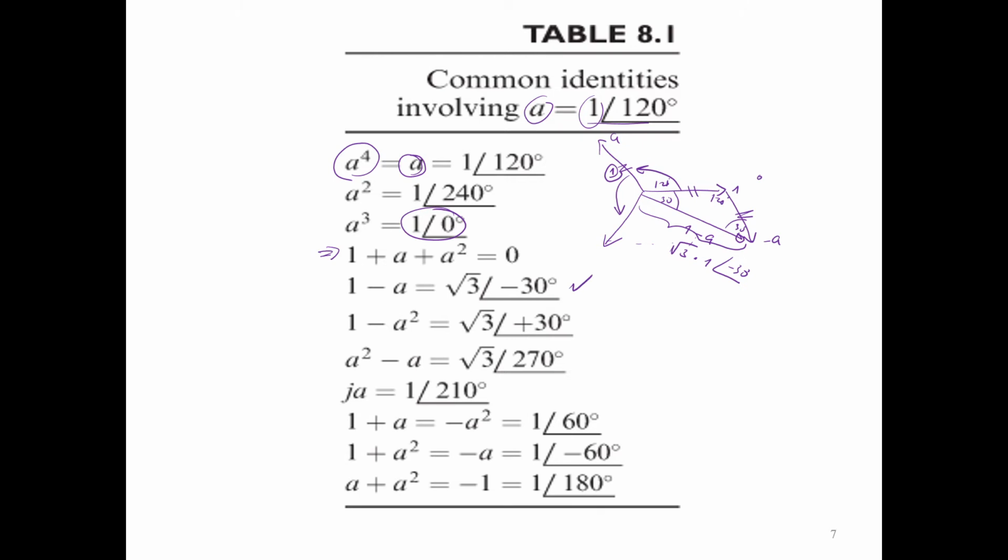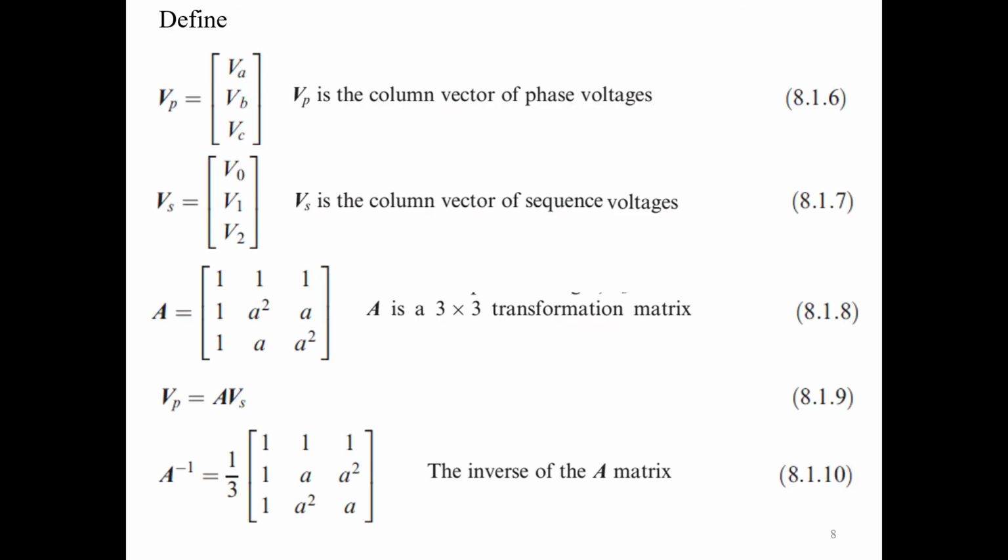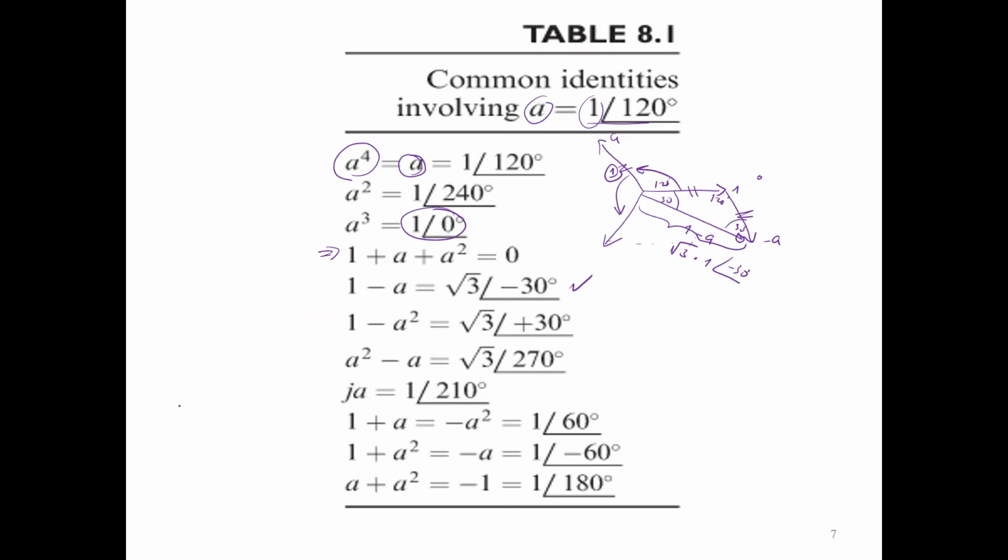I would just leave this. You can play around with this simple geometry, but these are the common properties. So we use these common properties to find the inverse. From the earlier formula, we express the VP, which is the phase quantity.